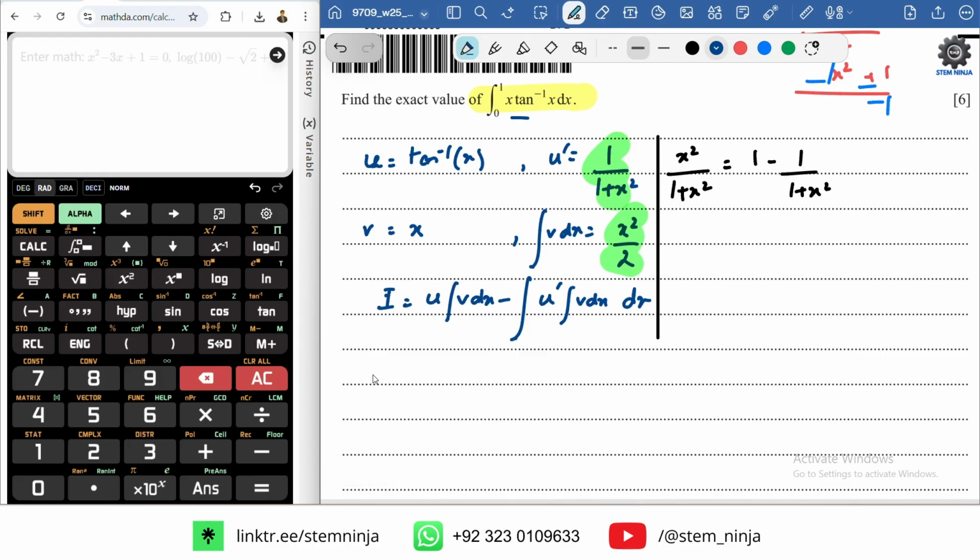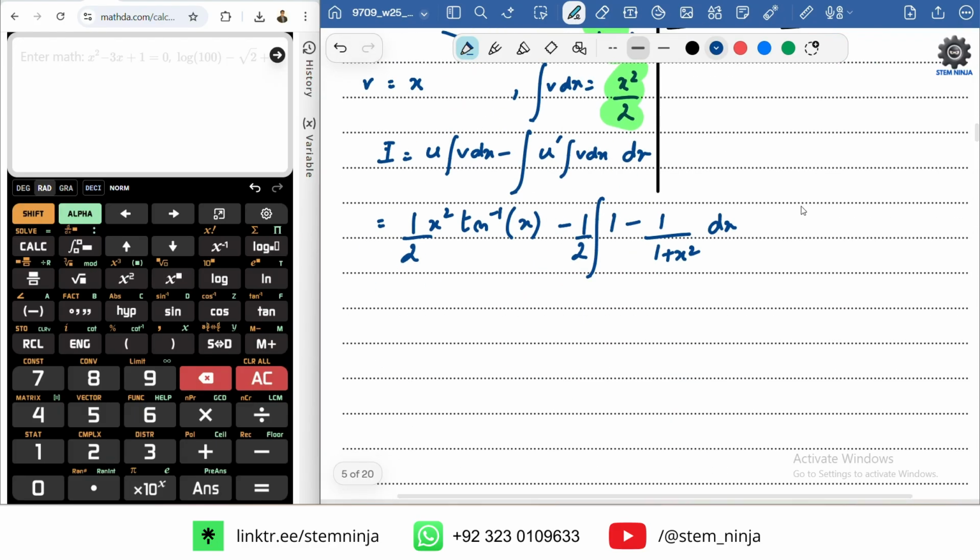So when we plug it in, we get half of x squared tan inverse of x minus the integral of half, because you see x squared over 2, times 1 minus 1 over 1 plus x squared dx. So the limits are from 0 to 1.